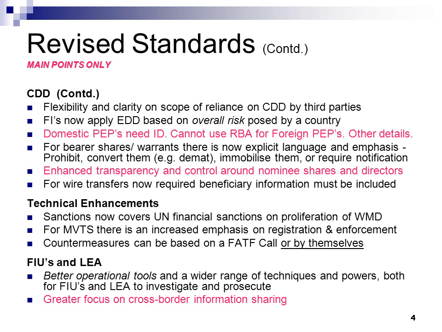The financial intelligence units and legal enforcement agencies, my apologies, have been given better operational tools and a wider range of techniques and powers to investigate. So they're allowed to ask for additional information from those filing STRs.